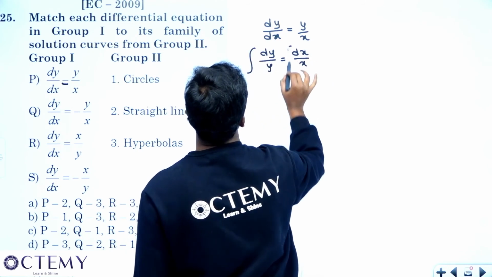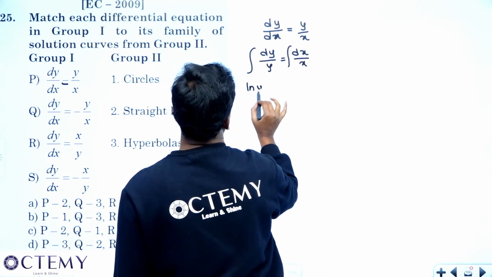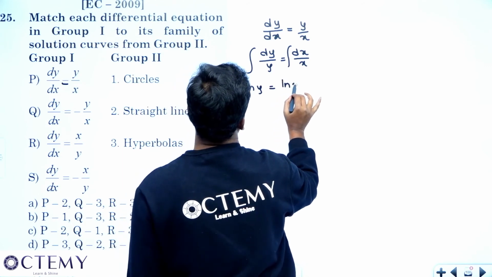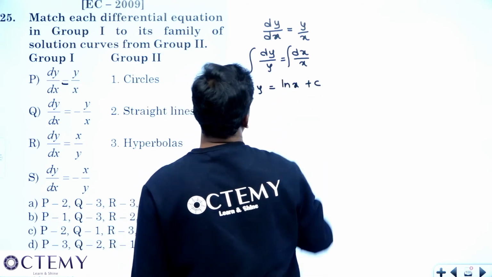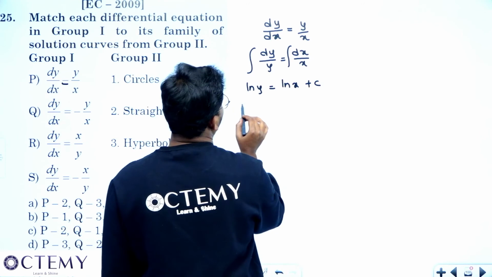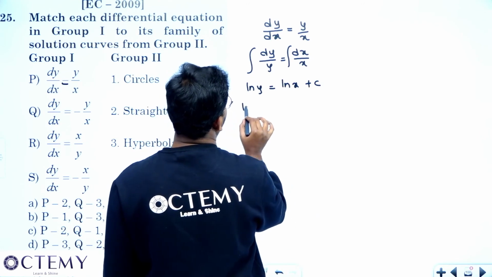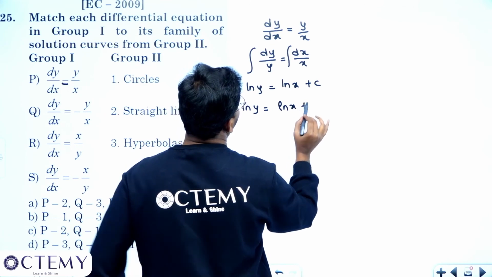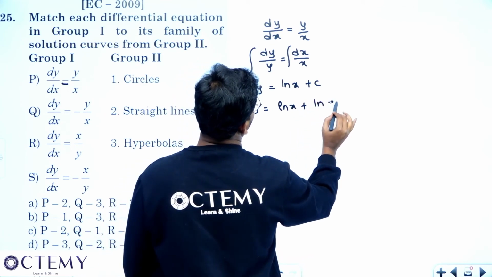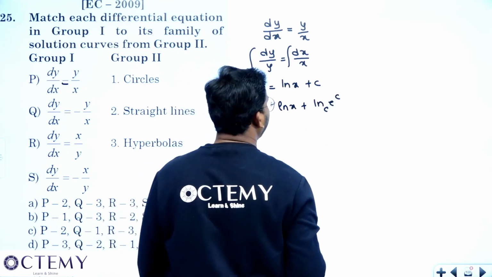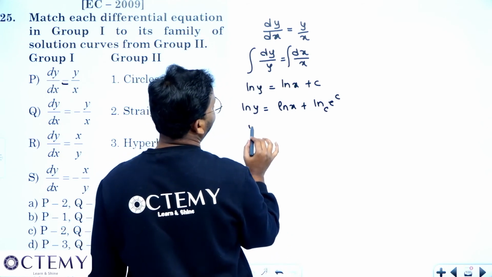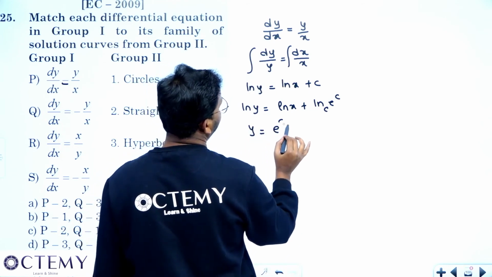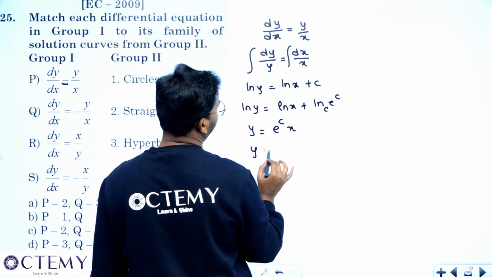Integrate. It will become ln y is equal to ln x plus c. So this will become ln y is equal to ln x plus ln e power c. So y is equal to e power c into x, or can I write y is equal to mx.